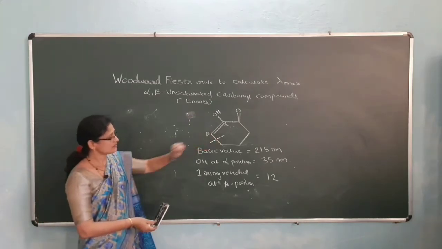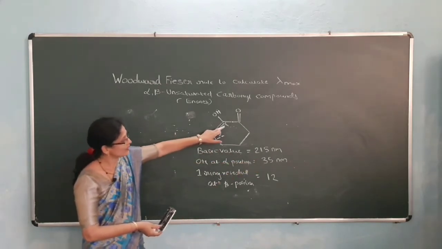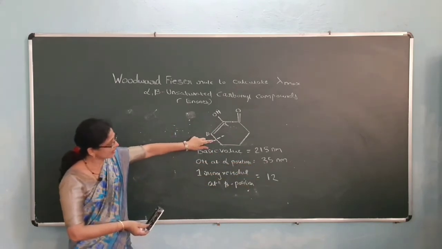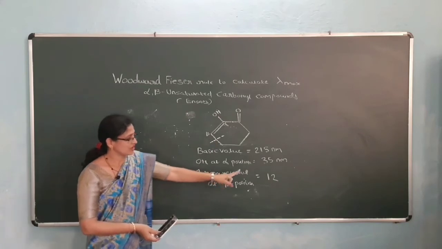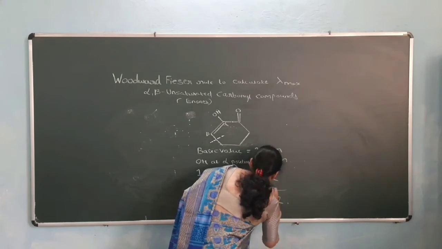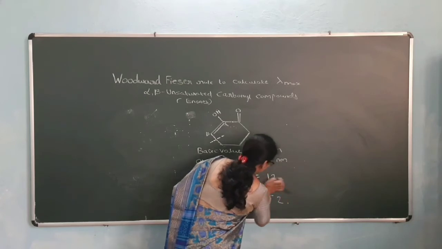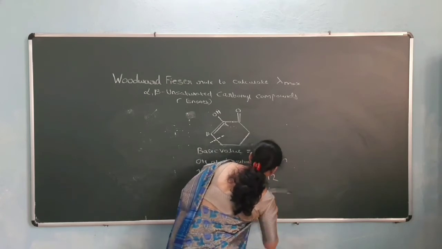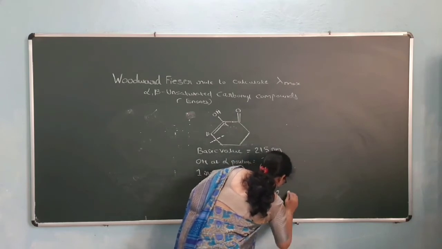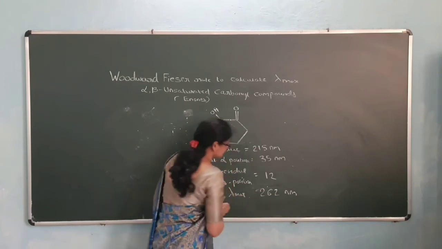The basic value is 215, and at alpha position the OH group is there, so plus 35 is added, and we have one ring residue at beta position, plus 12. So the total is 262 nanometer. This is the total lambda max.